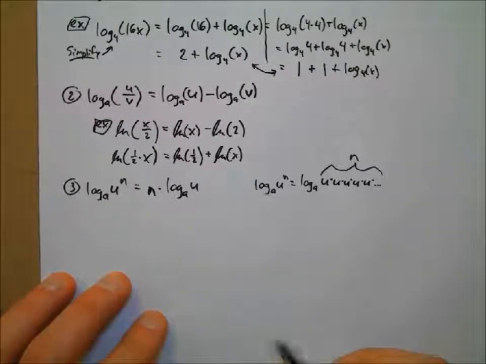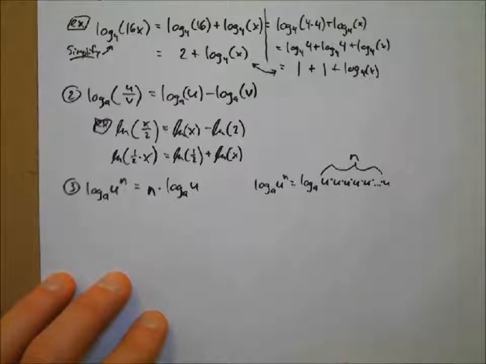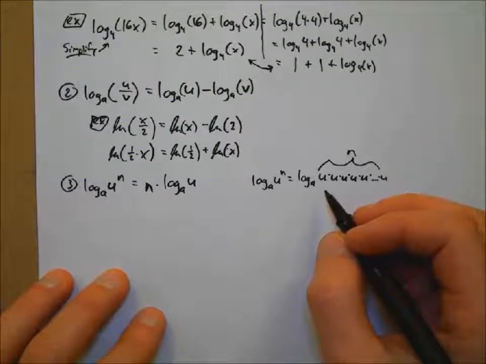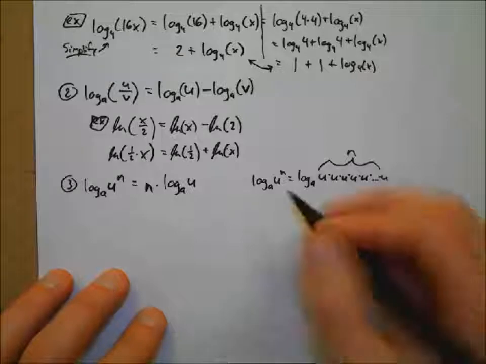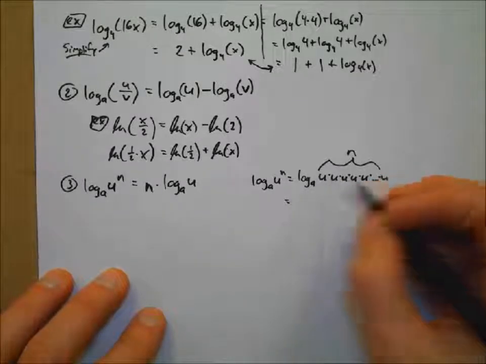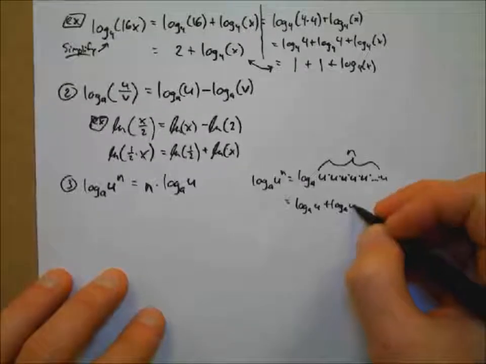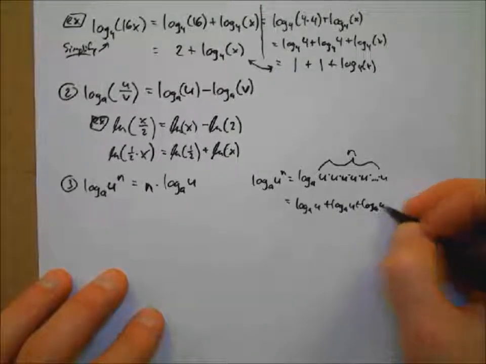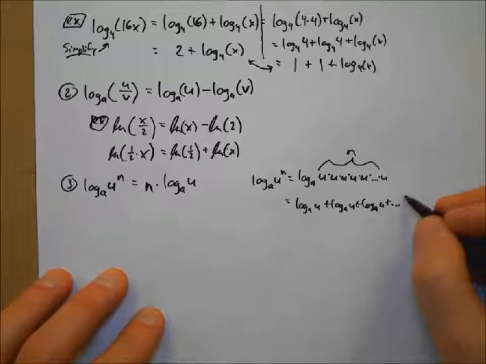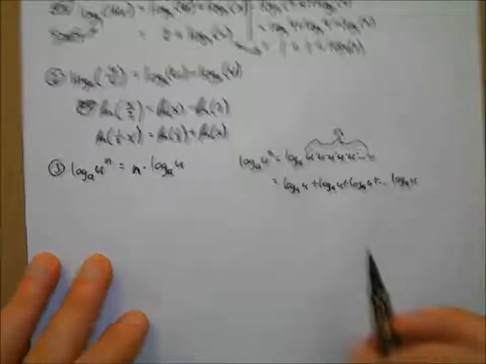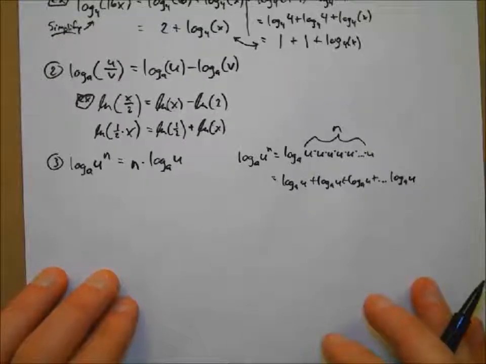Okay? But we know from our first property that since this is all one big product, that can be log base a of u plus log base a of u plus log base a of u plus dot dot dot. You get the idea. How many of these separate log base a of u's will we have?